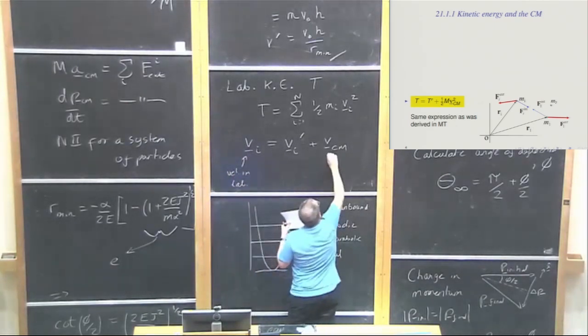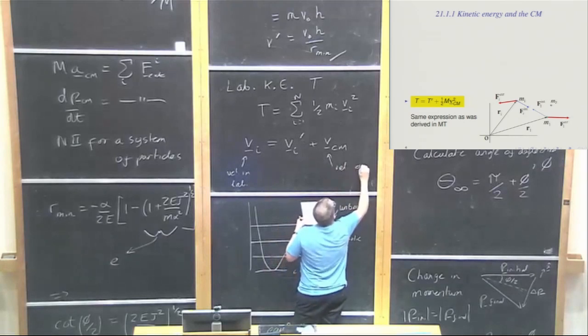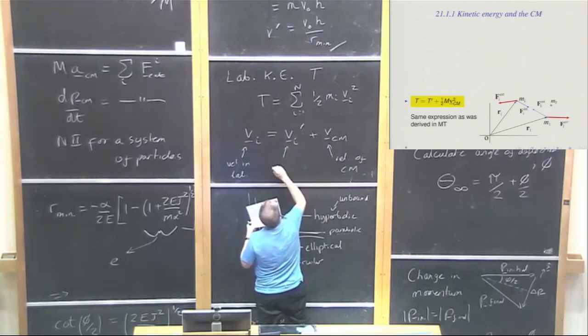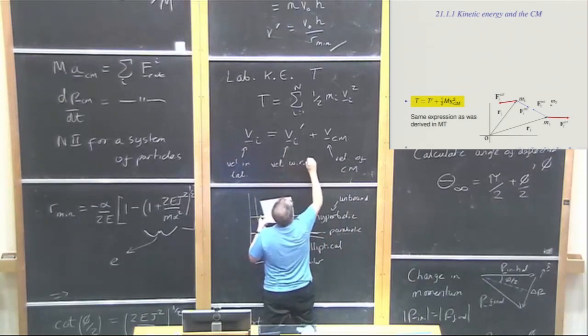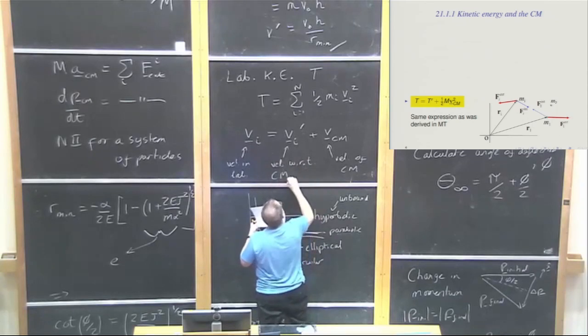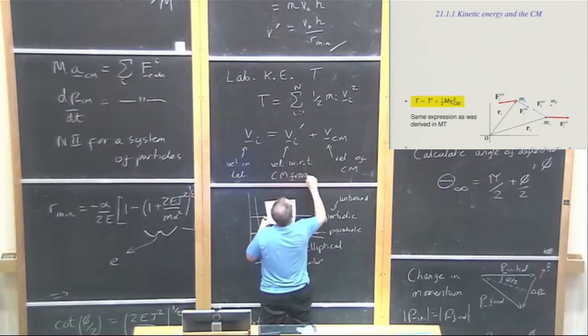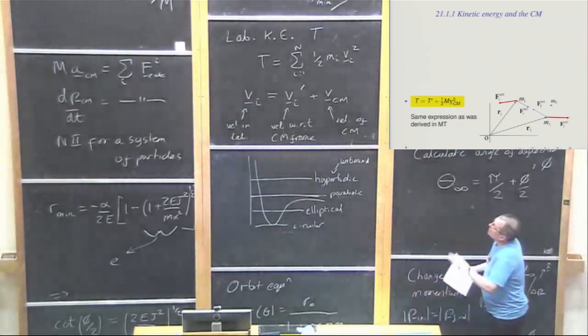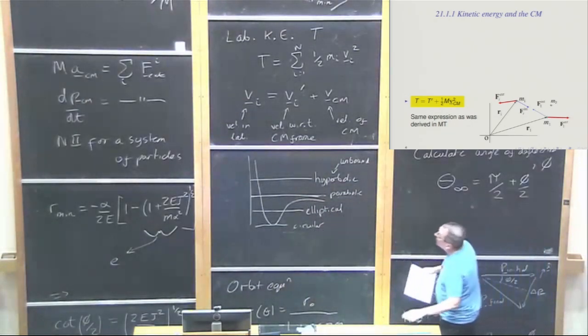This is the velocity of the centre of mass, and this is the velocity with respect to the centre of mass frame. Okay? And this follows through a Galilean transformation, but I think it's self-evident.